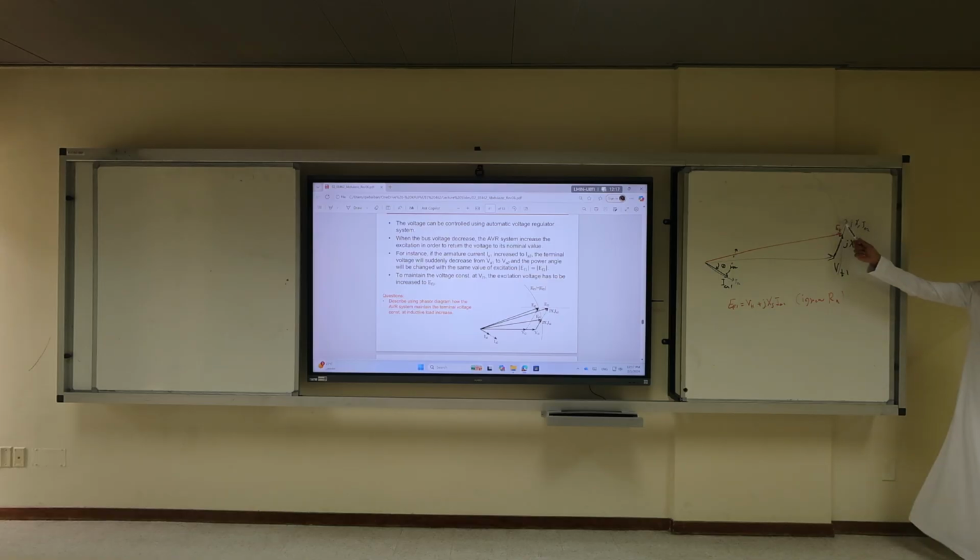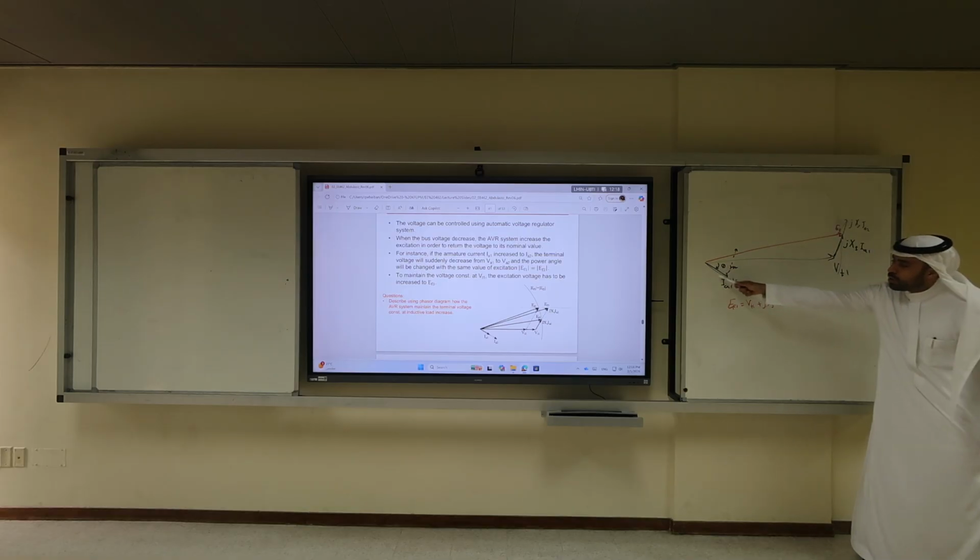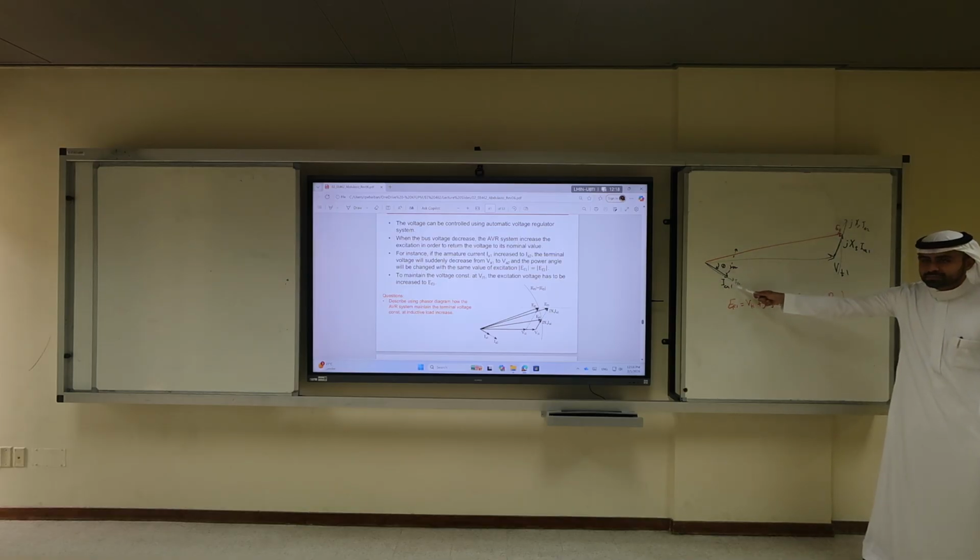So if I maintain EF, VT has to decrease in order for me to reach the constant field operation. You cannot have them both. You cannot have EF constant and armature current increases. Conservation of misery. You always have to sacrifice one of the elements if the magnitude of IA increases.